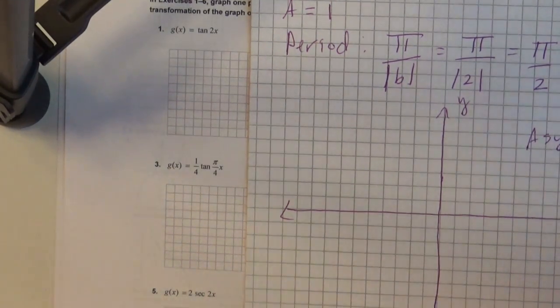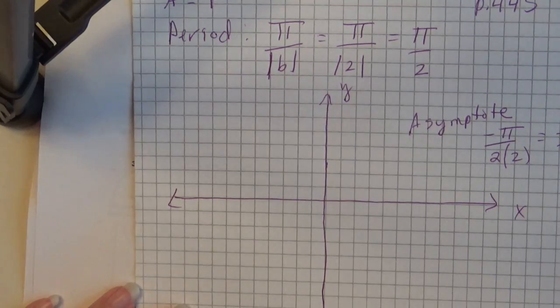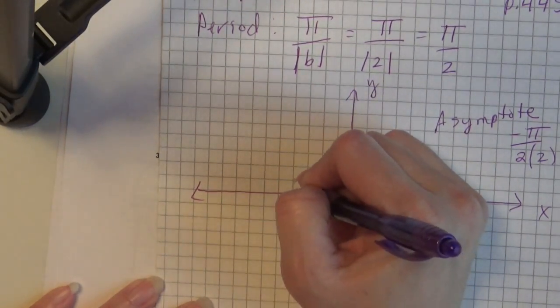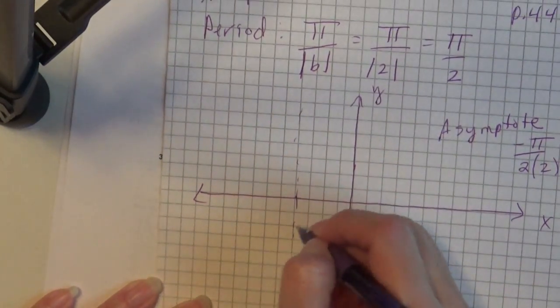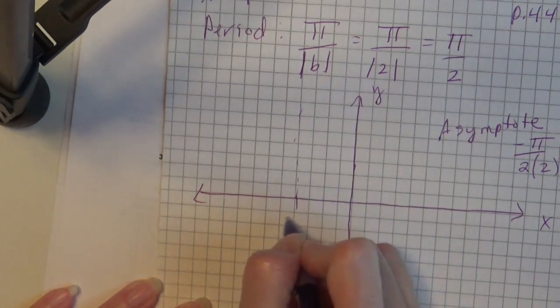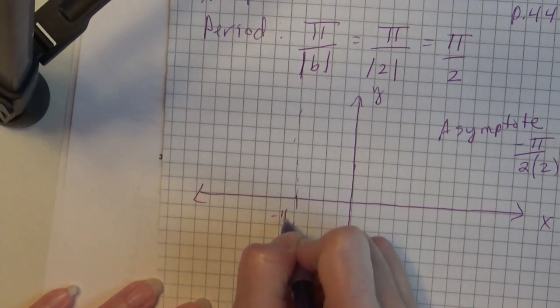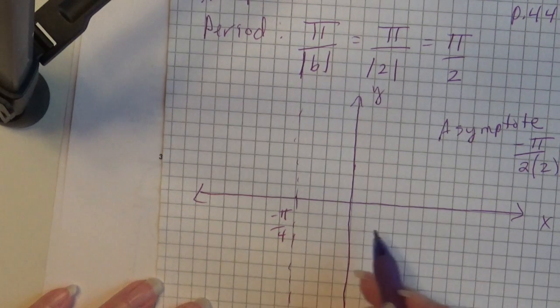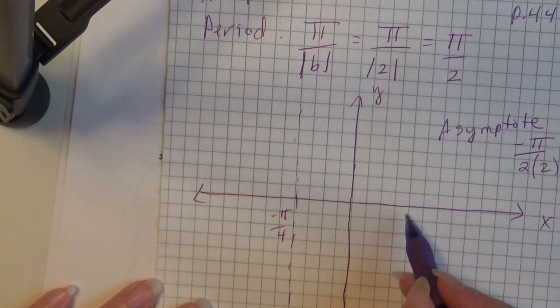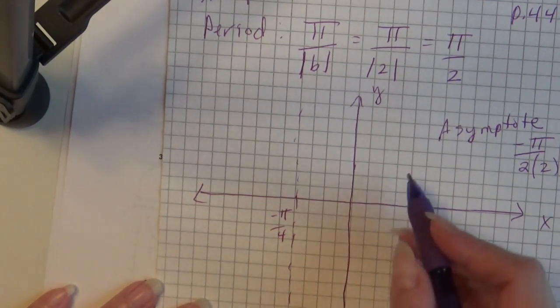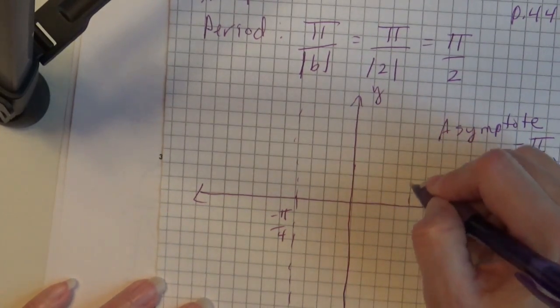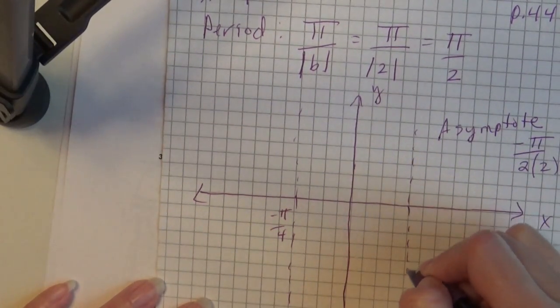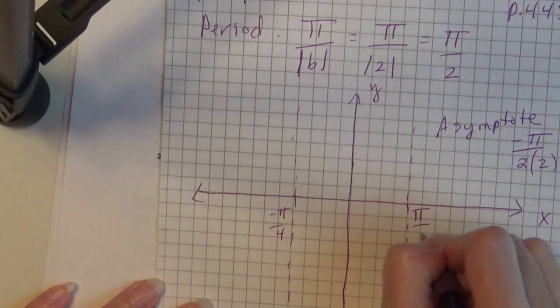So we'll have a vertical asymptote at negative pi over 4. I'm just going to draw that asymptote in and label it negative pi over 4. And by symmetry, you'll have an asymptote at positive pi over 4. You can go through the work, but it'll give you the same thing. So that's positive pi over 4.